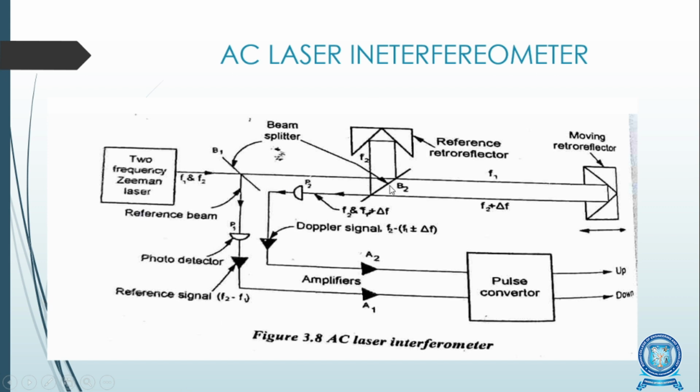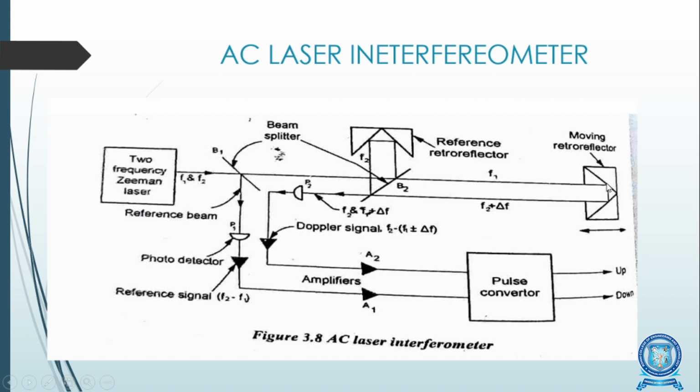This horizontal beam moves to the second beam splitter. The second beam splitter captures the polarized beam and splits it into 2, one horizontal and another vertical. This vertical beam moves directly to the reference retroreflector and reflects to the same beam splitter at one point, and the horizontal beam moves to the moving retroreflector.